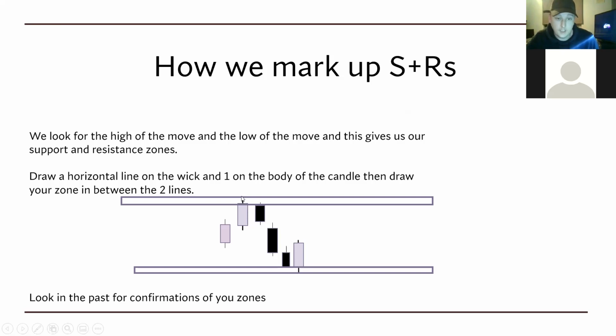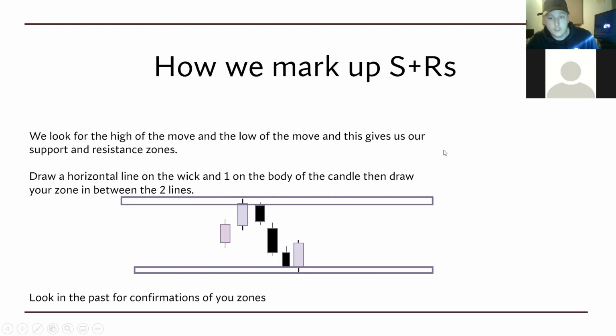So where the wick is on the candlestick, I would draw a horizontal line there, and then I would draw another horizontal line on the body of the candle. So one on the top of the wick and one on the top of the body, and then I'd make that into a zone where the two lines are. So that's how I draw my support and resistance zones.